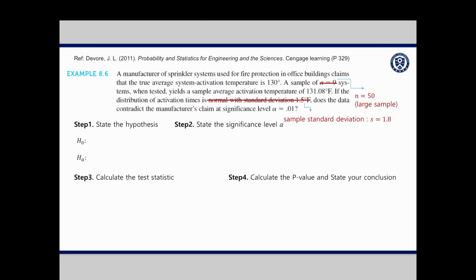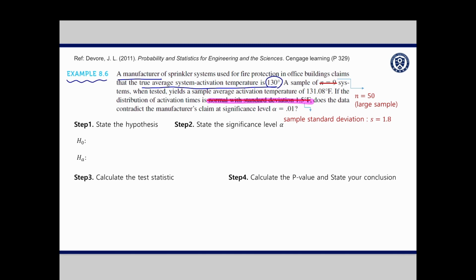Let's modify example 8.6, the problem we dealt with earlier. In case 1 and case 2, this manufacturer company claimed that the average system activation temperature is 130. Let's assume that we don't know the population distribution.